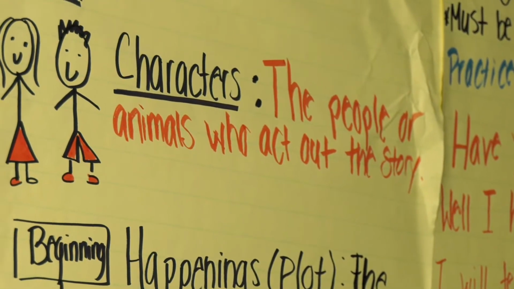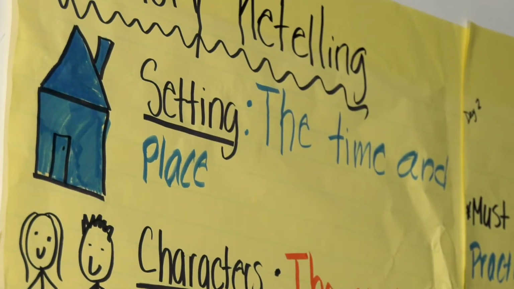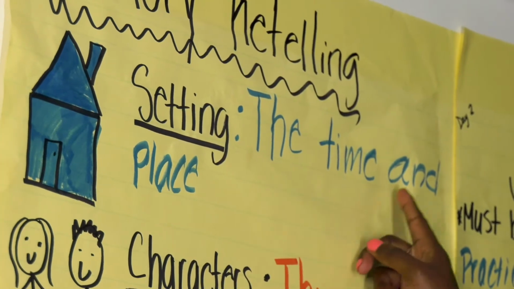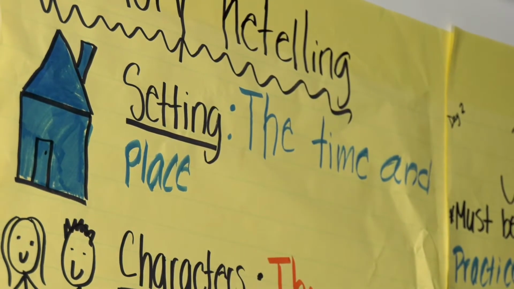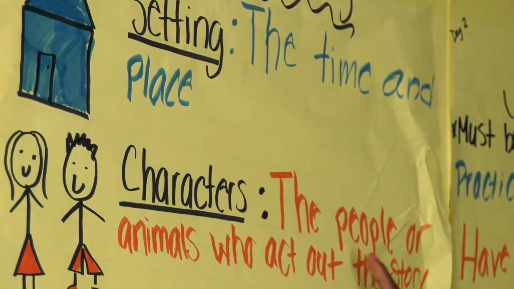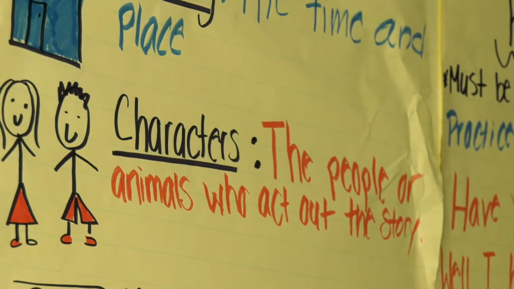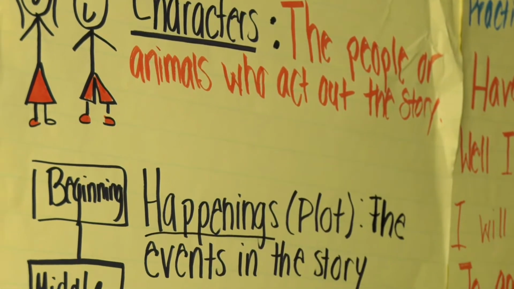Again, retelling a story is putting it in your own words. Okay, we must know the setting, which is the time and place the story takes place. We must also be aware of the characters, which are the people or animals who act out in the story. Okay, we must also know the happenings.